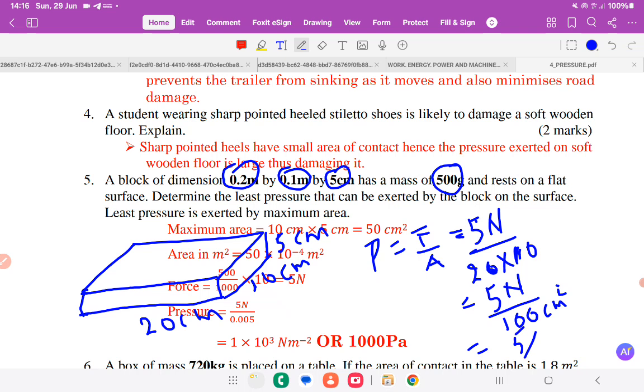Which is the same as 5 divided by, 100 square centimeters is the same as 0.01 square meters, so you divide by 0.01.